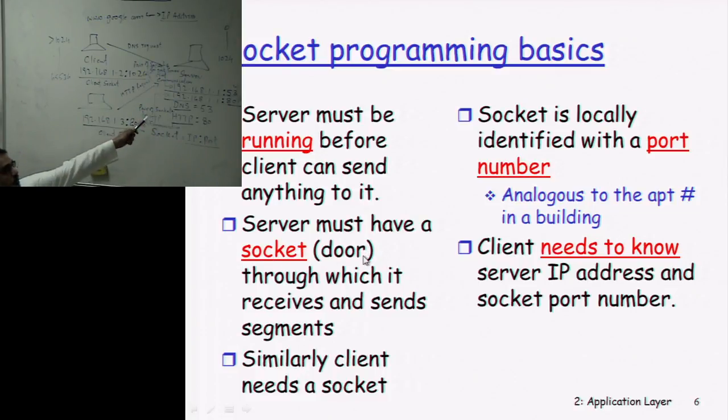The server must have a socket door. This is the socket, the door of the server, through which it will receive the client request and send the segments back to the client. Clear? Similarly, on the client host, we do need a client socket, a door on the client's computer, which will receive the replies from the server and send requests to the server.